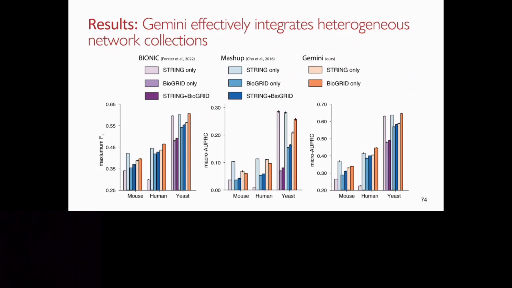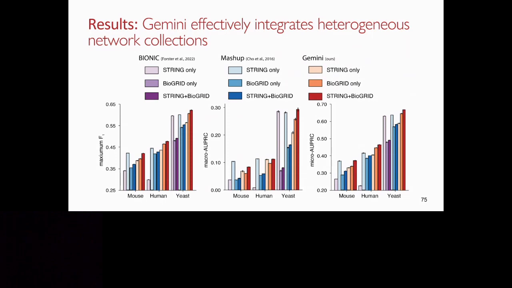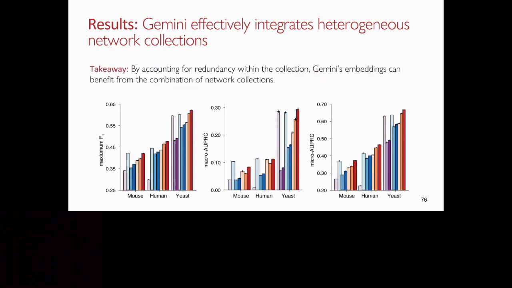On the other hand, if we look at STRING and BioGRID run for Gemini, we see that the performance continues to improve relative to either collection alone, and that in general, it's the best performing method as well across any input collection. And our takeaway here was that by accounting for the redundancy that exists and the uneven distribution of information when we're combining these two very differently sized data sets, Gemini's embeddings can benefit from this combination.